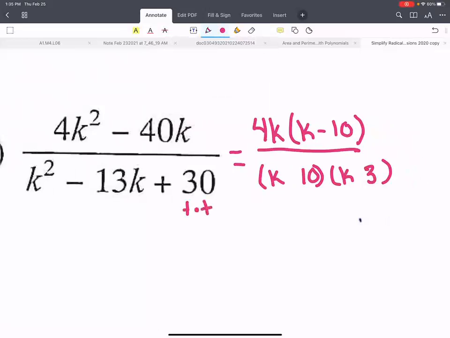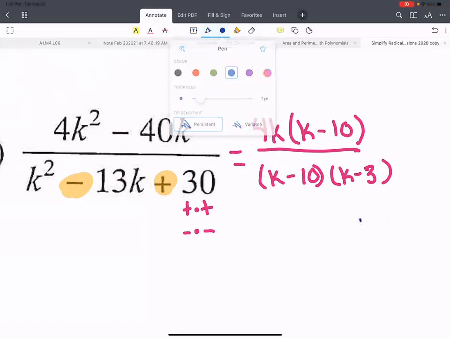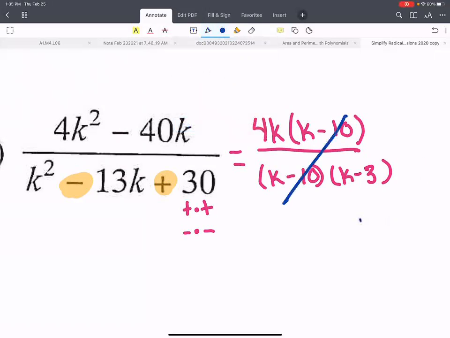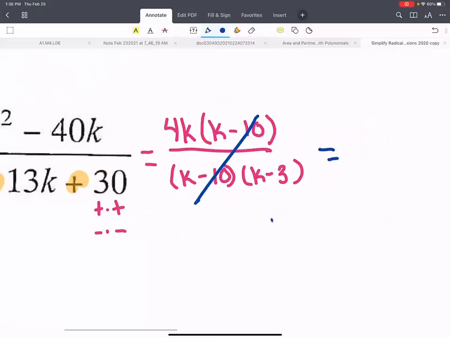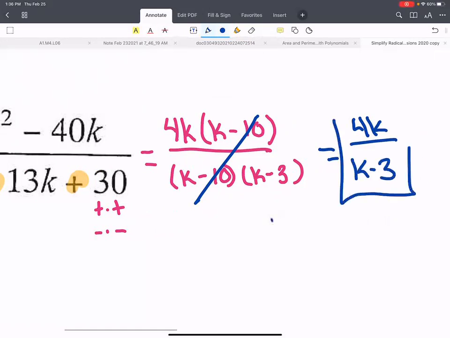And I'm either gonna have to be plus plus or minus minus. What should I be? To get negative 13. Minus minus. I want to multiply to get positive 30. I want to subtract to get negative 13. Okay, what can I cancel? K minus 10. And what am I left with? 4k over k minus 3.